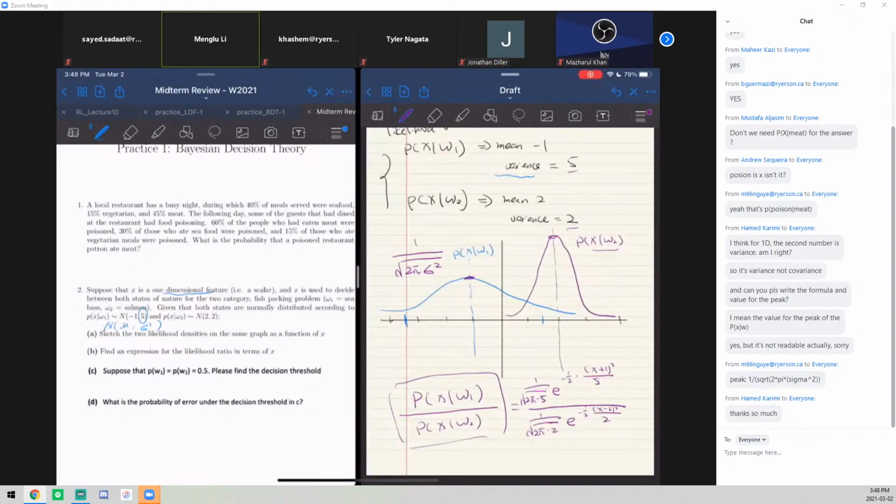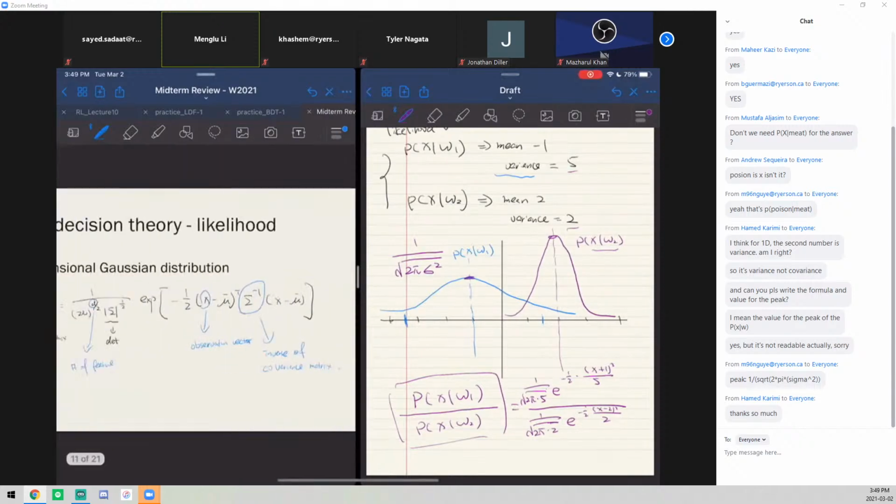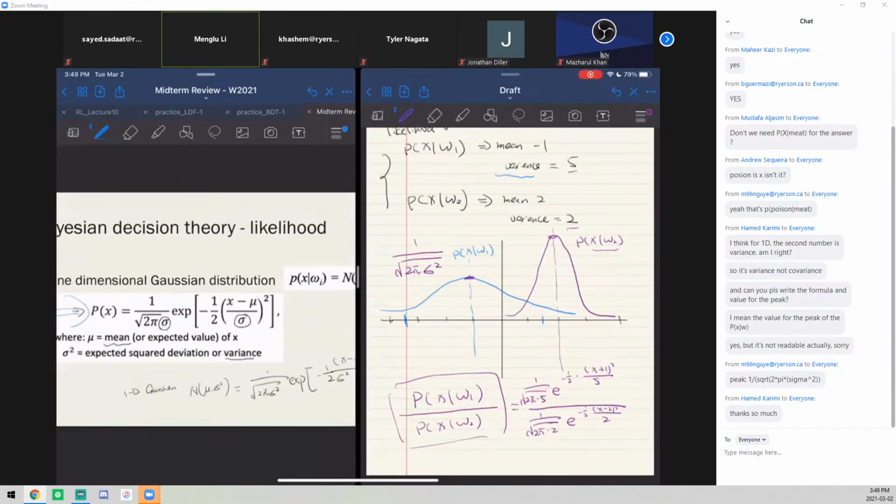Actually, the value for the peak is just this part, everything before the exponent. That's the equation for the maximum value.